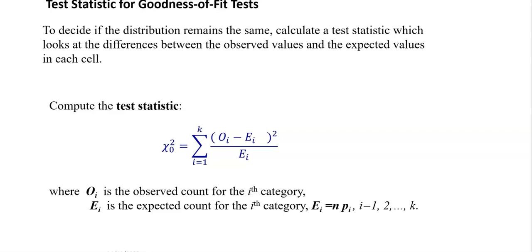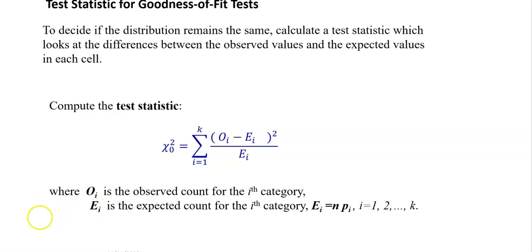To test this claim, we start by assuming that the statement in the null hypothesis is true. So the categorical variable follows the specific distribution. Based on this distribution, we calculate the expected value for each category.